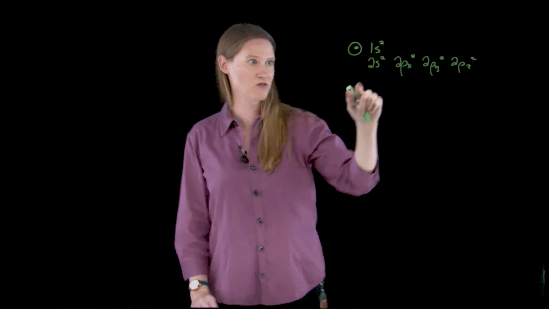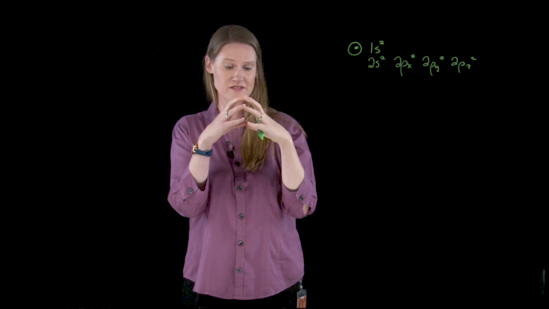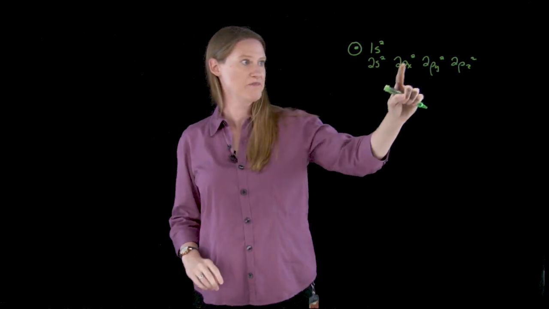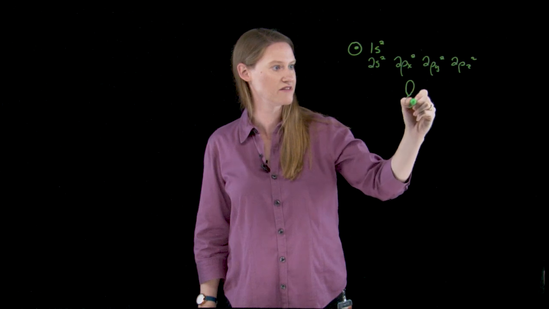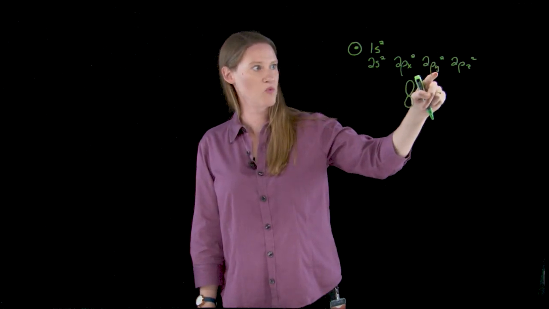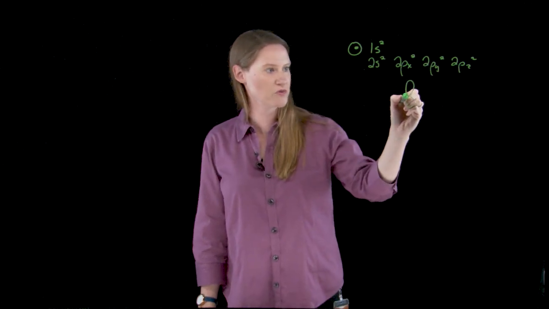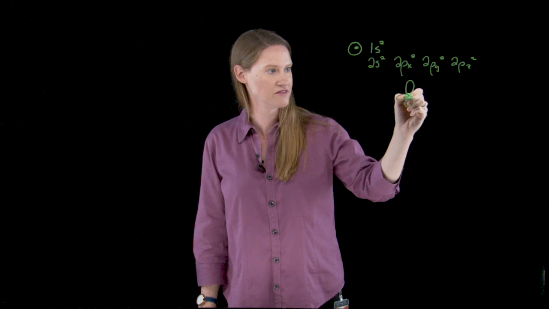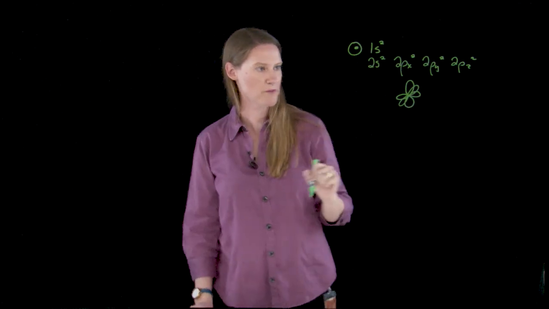So the s orbitals, just like here, are spherical and surround the nucleus. And then these p orbitals are all shaped like this, and they're arrayed either in the x direction, the y direction, or the z direction. And so we could build the rest of our model of our atom like this, okay?